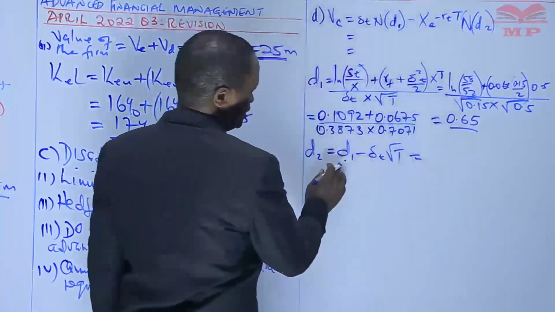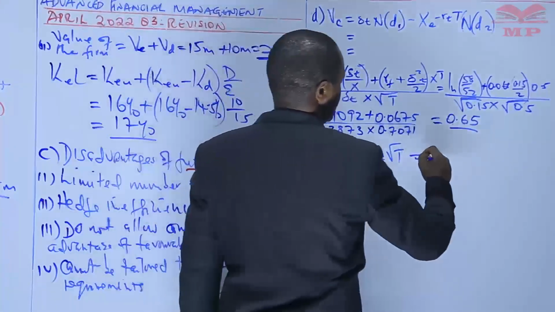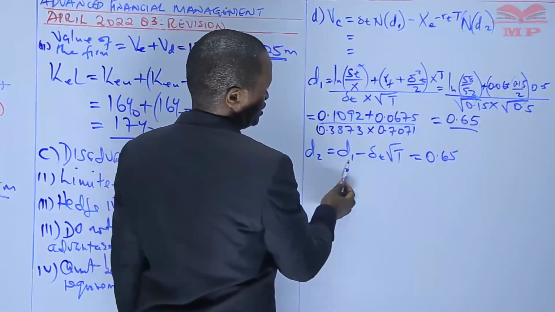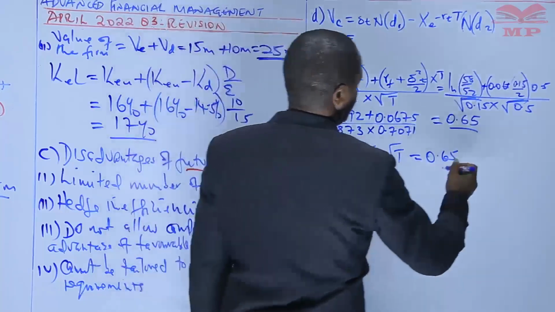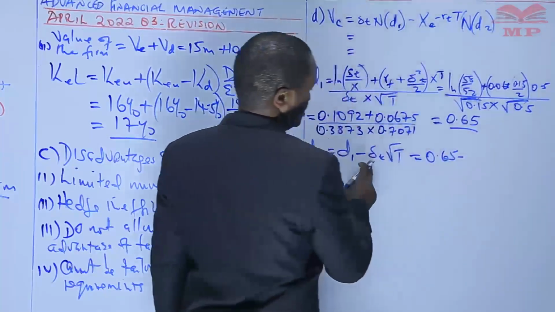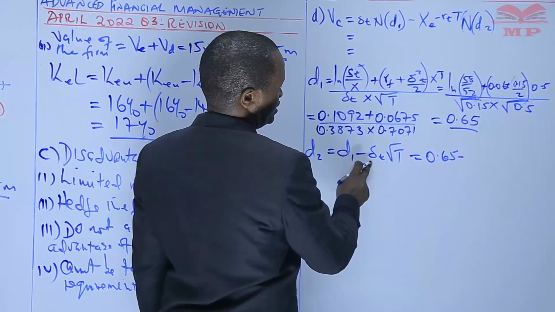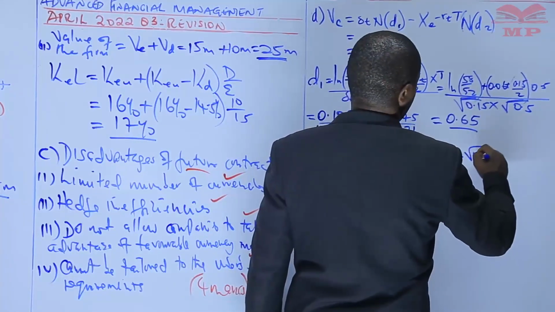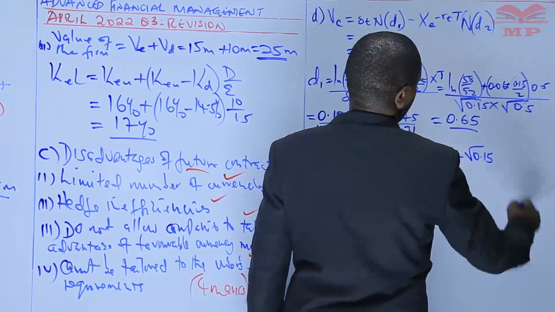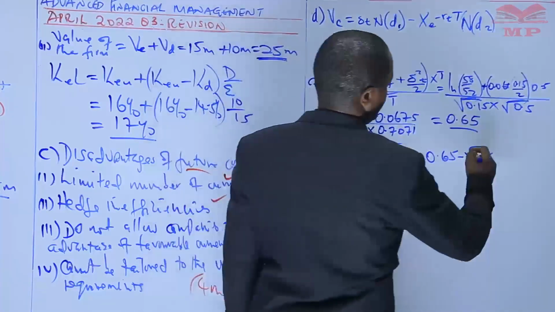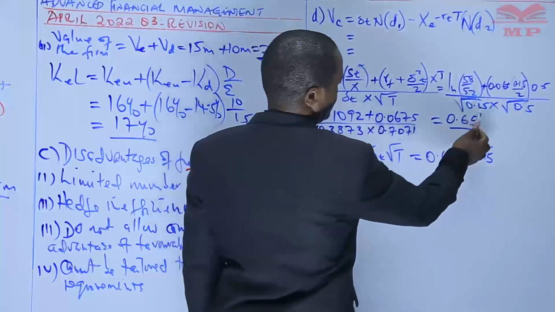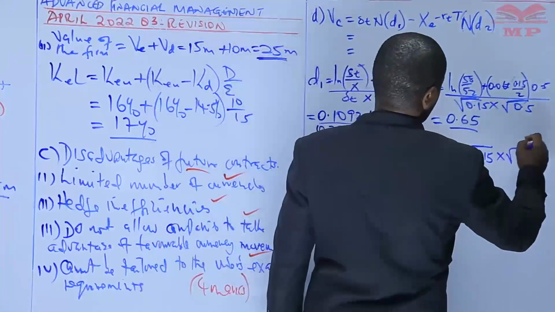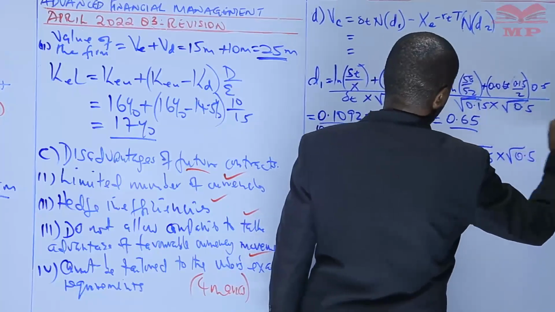We have the D1 there, 0.65, minus the standard deviation, which I said is the square root of the variance, 0.15, times the square root of time, 0.5.